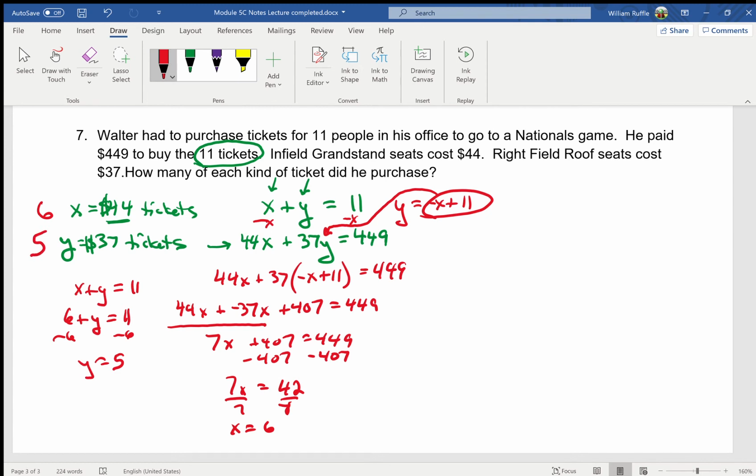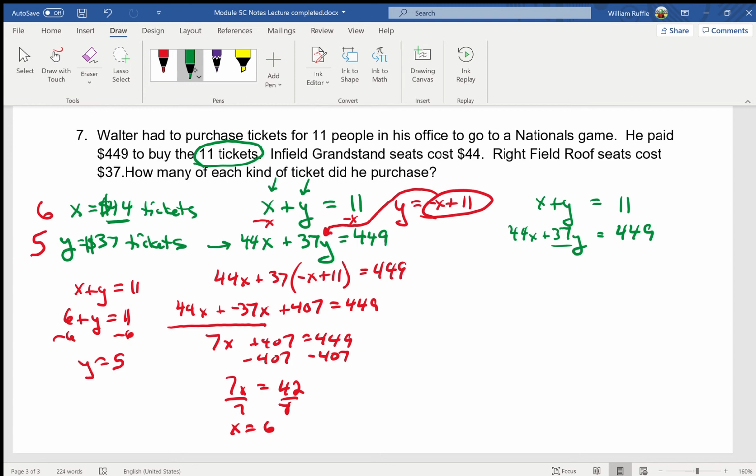So now, let's do it the other way. If I have x plus y equals 11, and I have 44x plus 37y equals 449. Now, I could try to get rid of the x or the y. 37 is a smaller number, so I want to get rid of the y's.